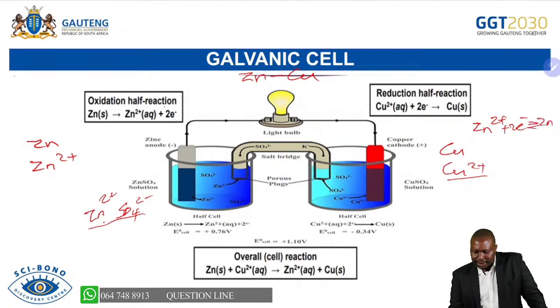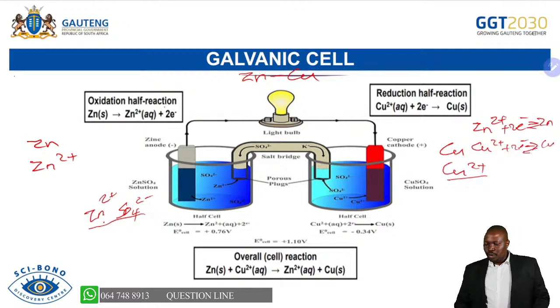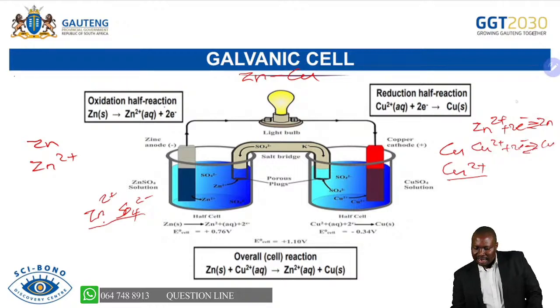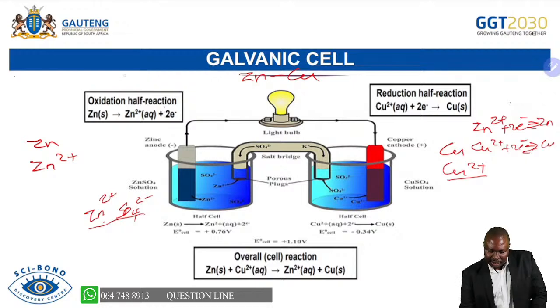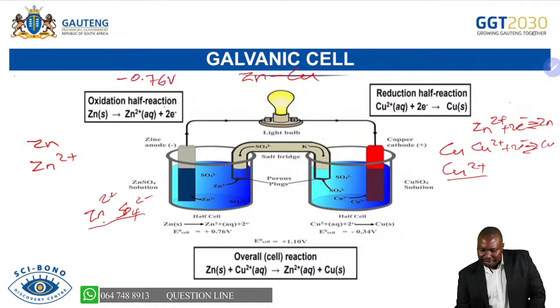You have Cu2+ plus 2 electrons forming Cu. Double arrow is a reversible reaction. You have them like that. But we have what is called now standard reduction potential. Zinc half cell, it has minus 0.76 volts. And this one of the copper cell, it has positive 0.34.